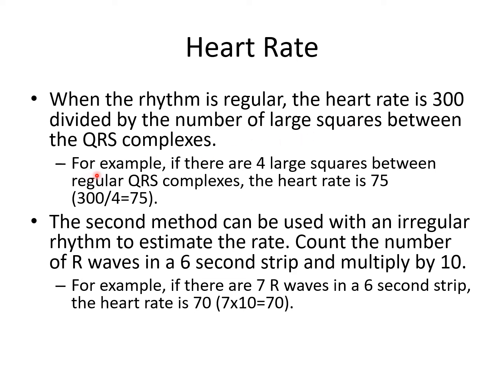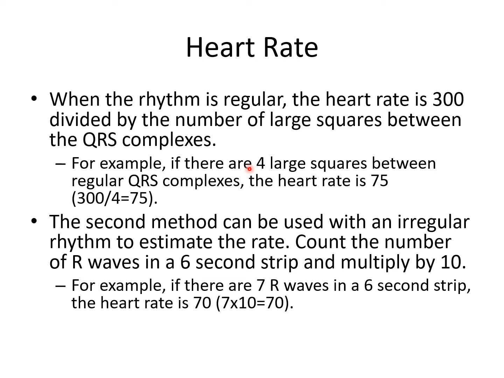For example, if we see that there are 4 large squares between QRS complexes, then we divide the number 4 into the number 300 and we get 75. So that is a rough estimate of that patient's heart rate. Okay? It's not exact, but it really doesn't matter for our purposes if it's 74 or 77. What difference does it make?